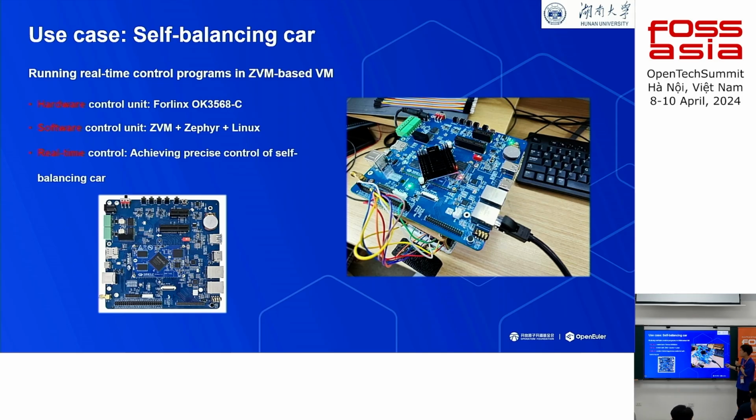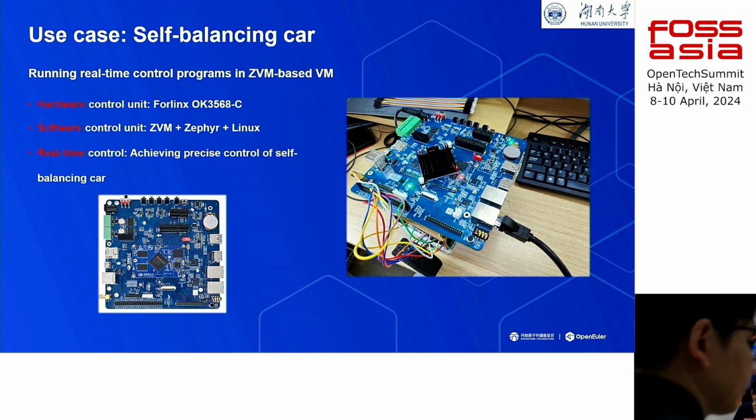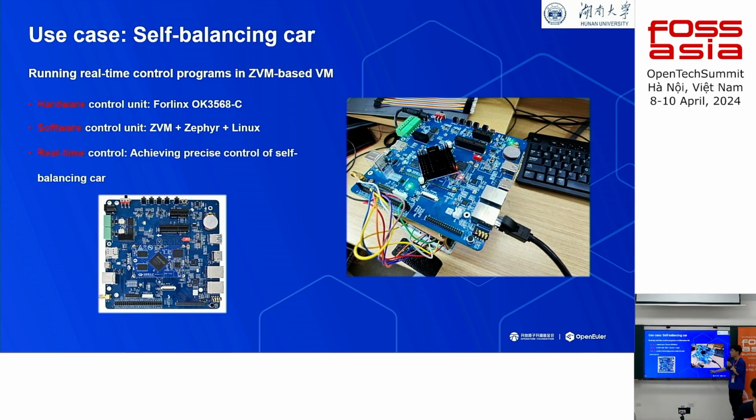And this is our use case of ZVM, a self-balancing car. On this board, it's running two types of OS. One is openEuler, and the other is the Zephyr RTOS. And the hardware is the 4Links OK3568-C developer board.